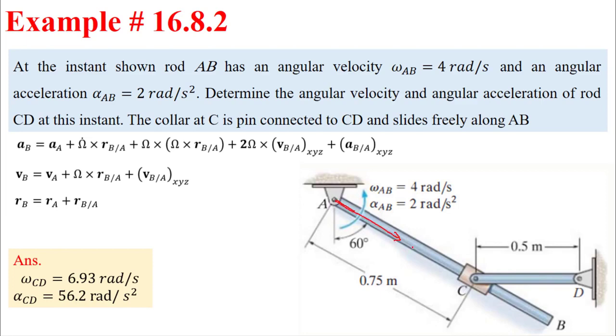This is X capital, and here is Y capital. We'll also select the other coordinate system, X small, Y small, flowing with the link where the Coriolis effect occurs.